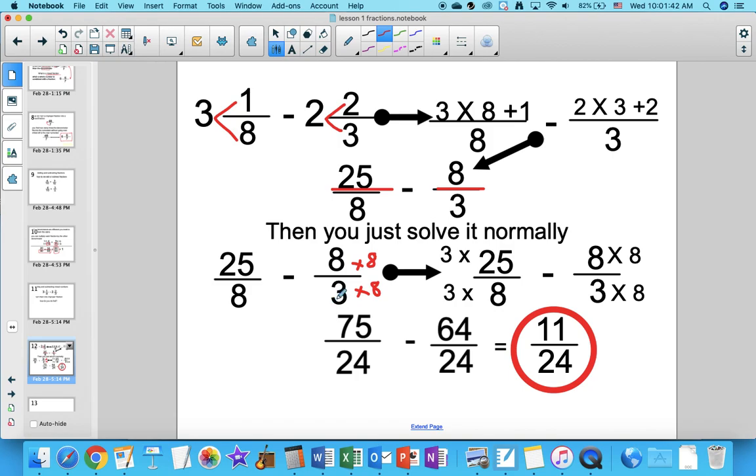And I take this denominator, and I multiply this fraction by it. So I go times 3, times 3. So 3 times 25, 3 times 8, 8 times 8, 8 times 3. I end up with 75 over 24 minus 64 over 24. My denominators are now the same, so I don't touch them. That's my denominator. 75 minus 64 is 11. So now I have 11 over 64.